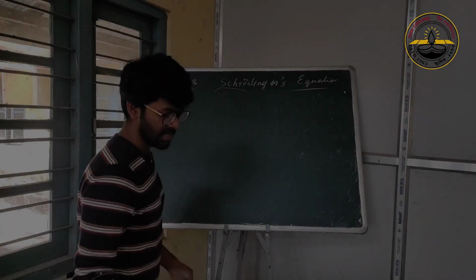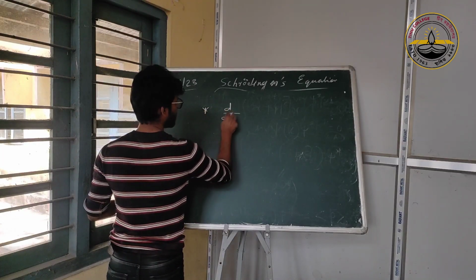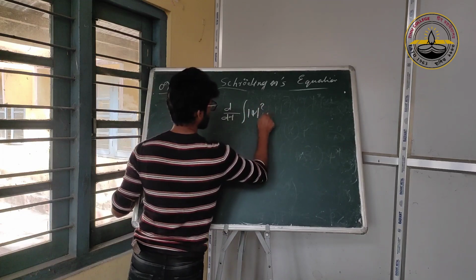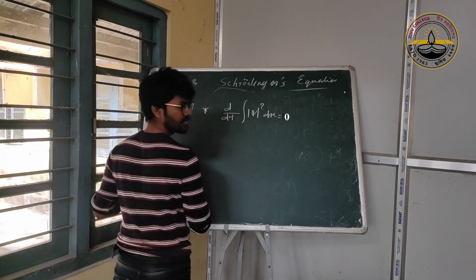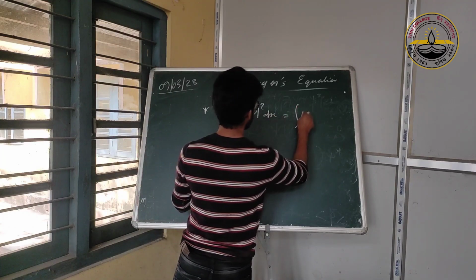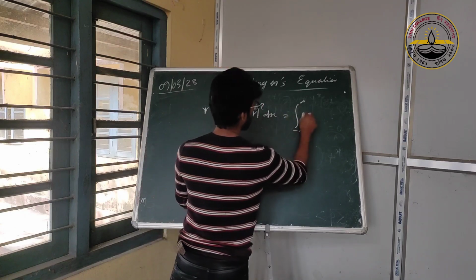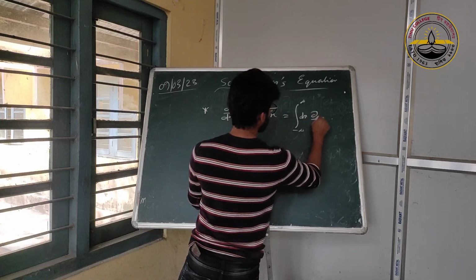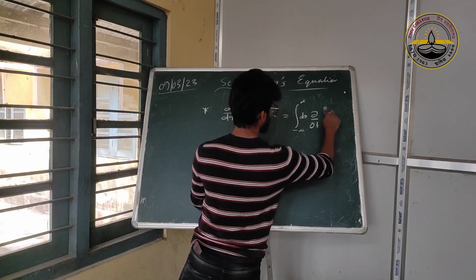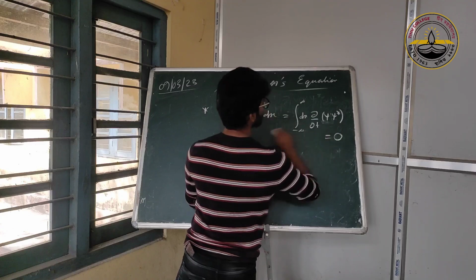But do it yourself, prove that d/dt of this thing is equal to 0. So basically this becomes the integral from minus infinity to plus infinity dx of del t of mod chi square, so mod chi square is chi star chi. Prove that to be equal to 0.